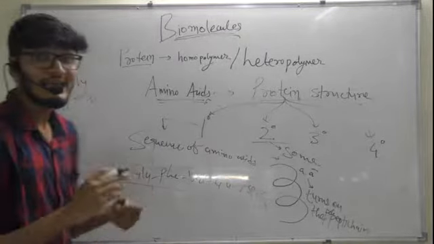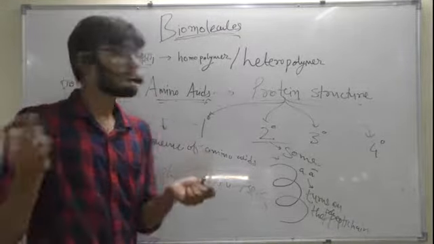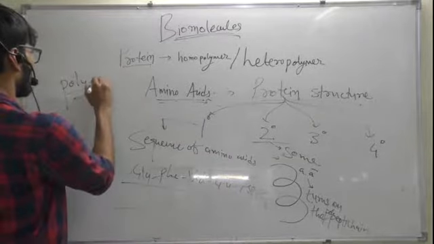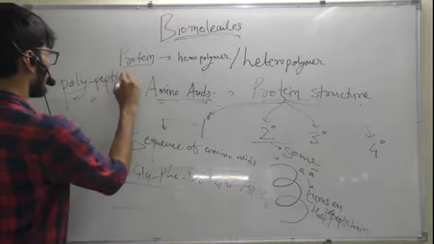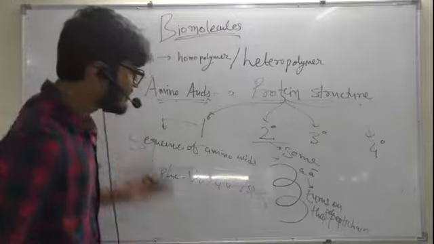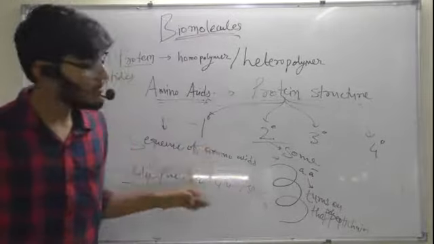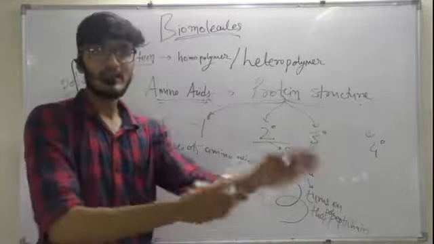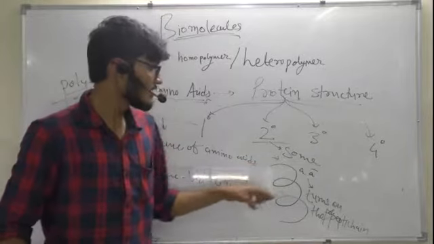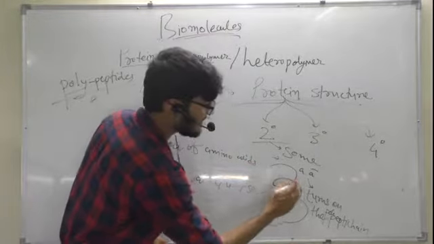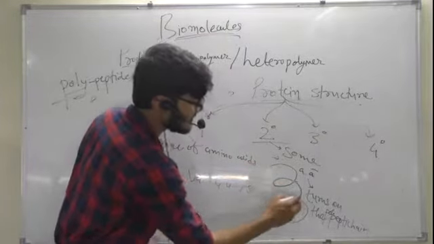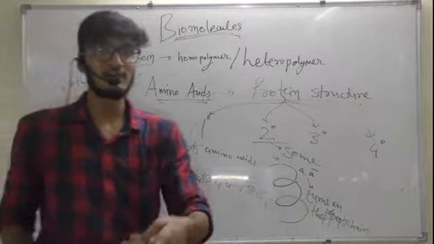Poly means more than one and peptide means peptide bonds. So if this polypeptide chain has turns on itself at certain particular places like here, here, here, they will form the secondary structure.